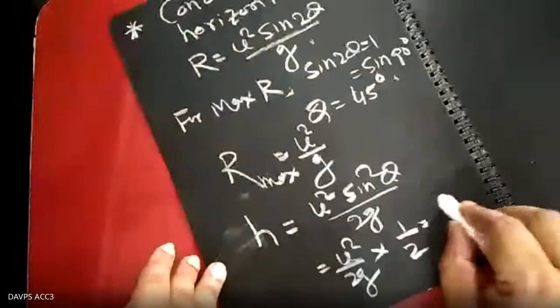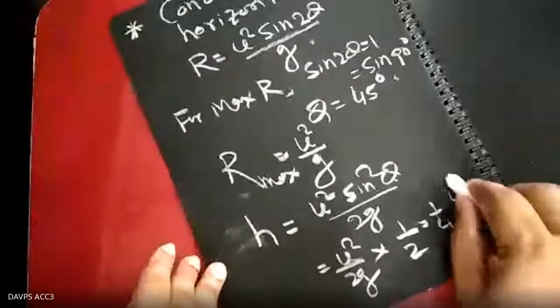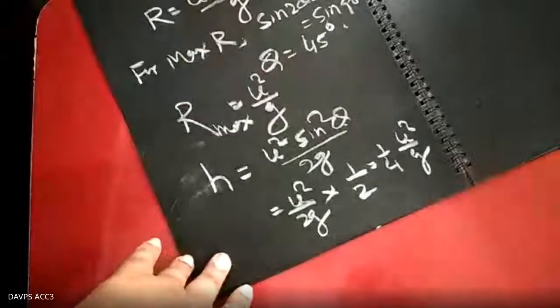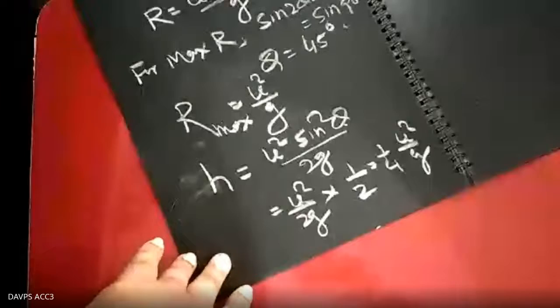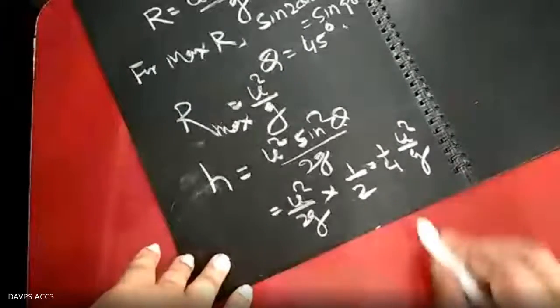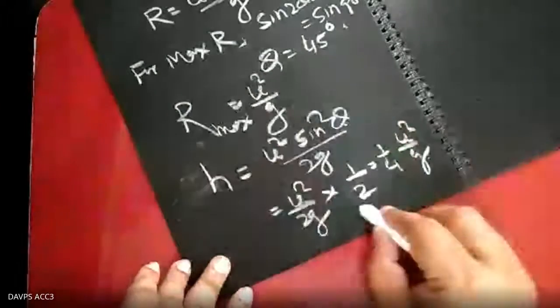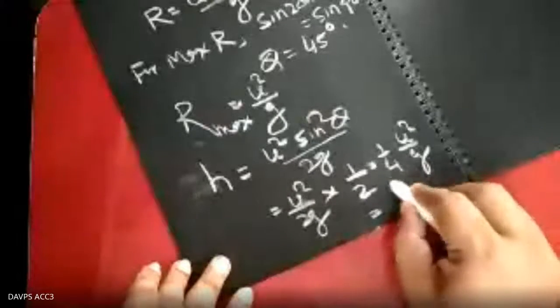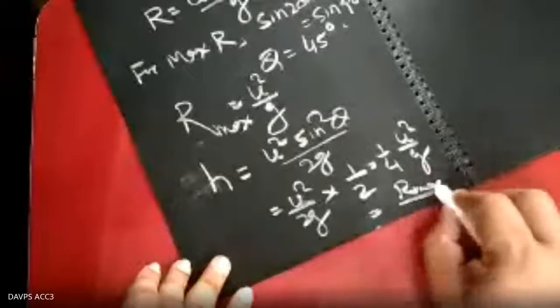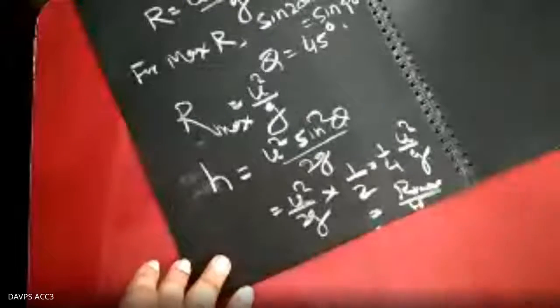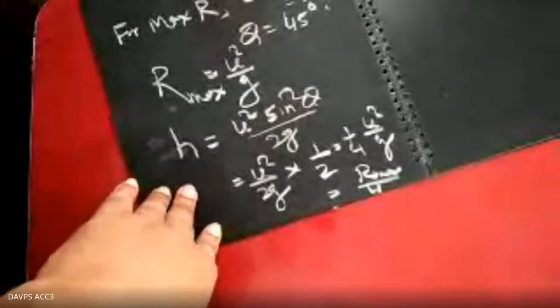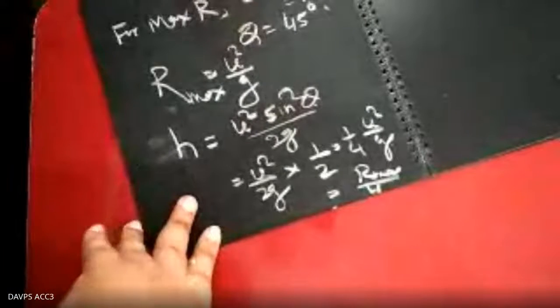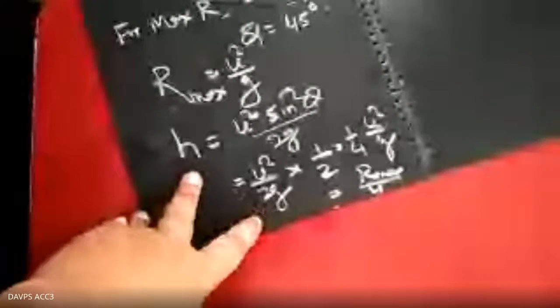So you get 1 by 4 into u square by g. Because u square by g is R max, this can be written as R max upon 4. So whenever the javelin travels the maximum horizontal range, h must be equal to R max by 4. We will be finding this type of relation.